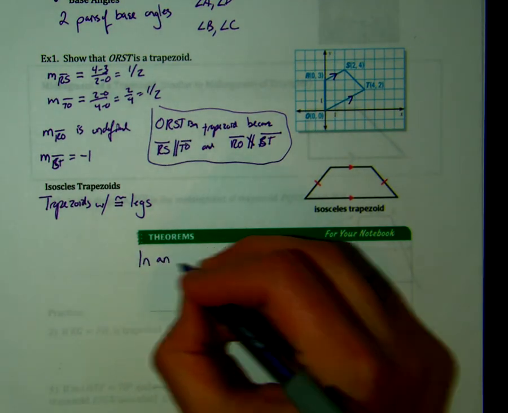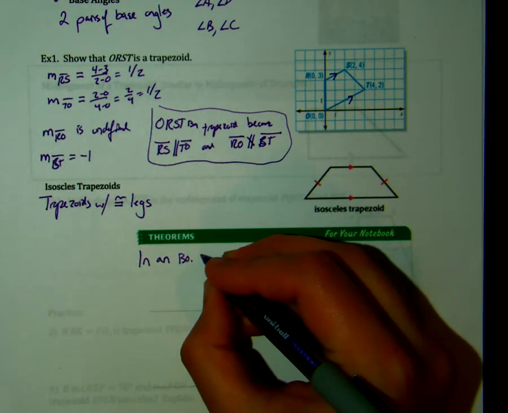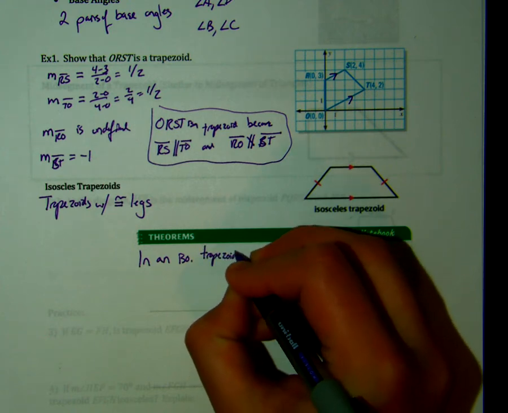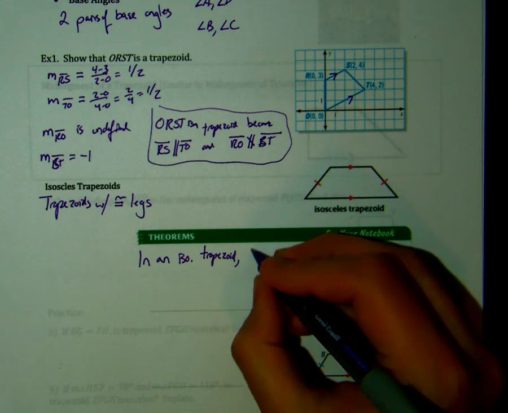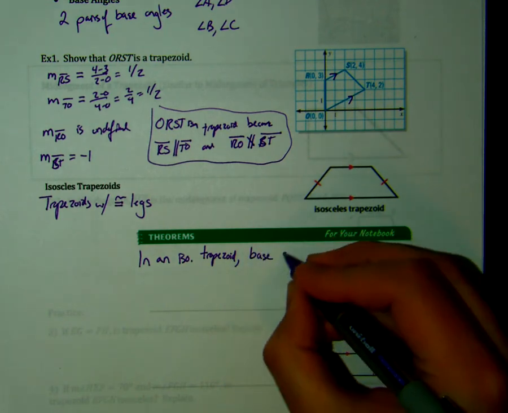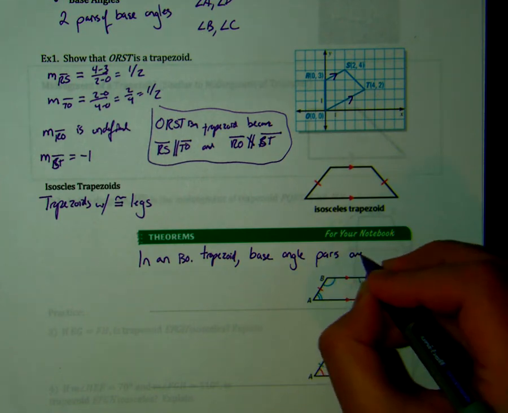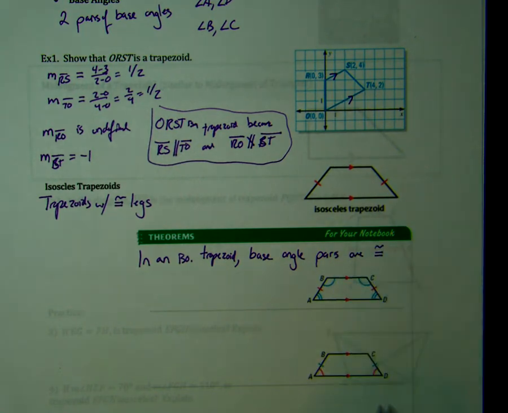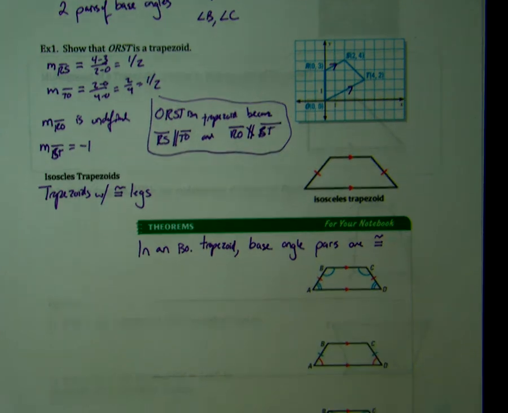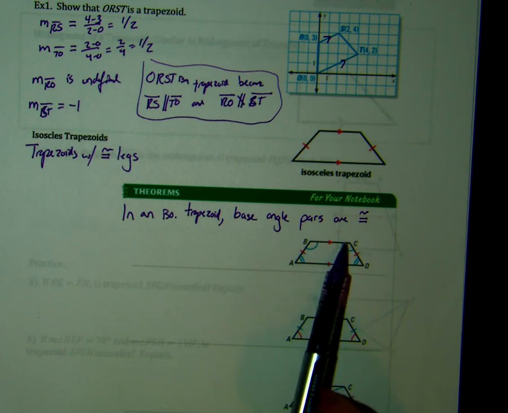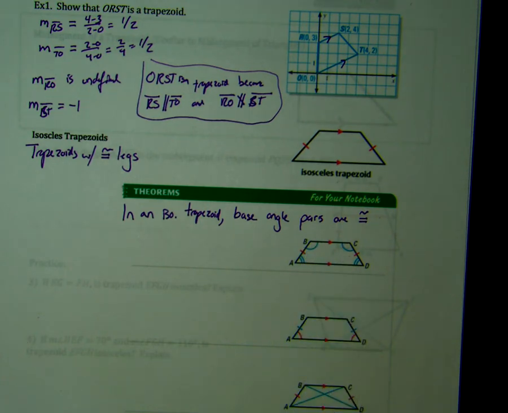So in an isosceles trapezoid, the base angle pairs are congruent. If you know that AB is congruent to CD, you can conclude that the base angle pair B and C are congruent, and the base angle pair A and D are congruent.